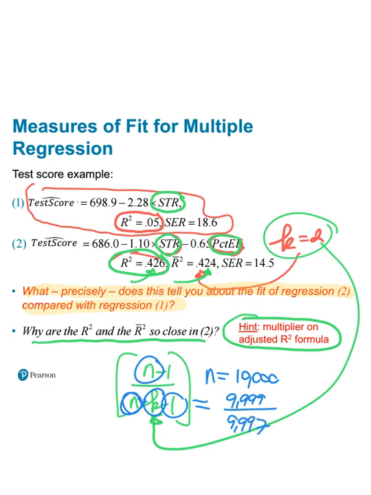If you do 9,999 divided by 9,997, you effectively get 1. All right, so that coefficient on that SSR divided by TSS is not going to make too much difference. If it's not too different, then the R squareds are effectively the same. All right, something to keep in mind when you're looking at your regression output.